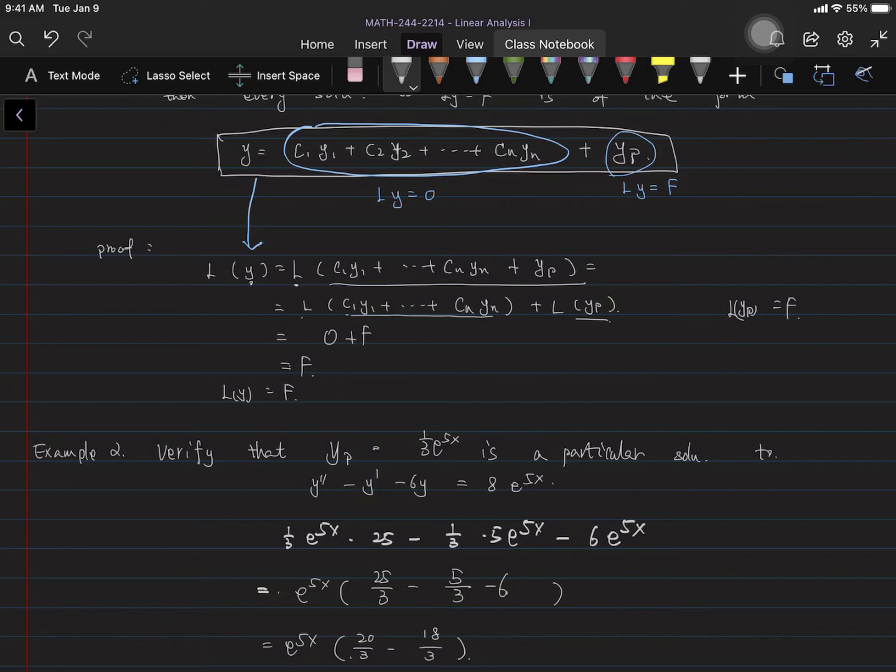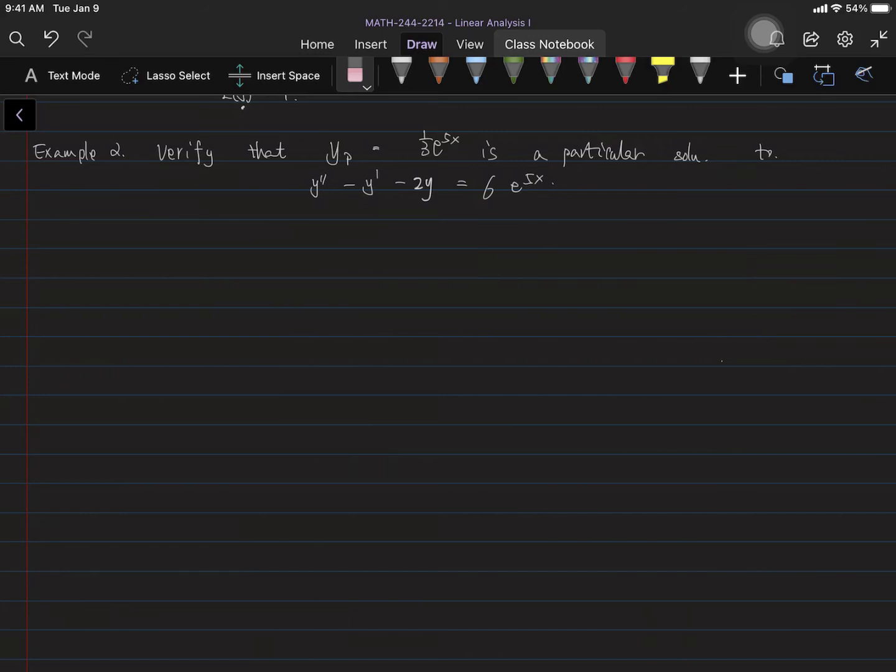After we separate them into the homogeneous and particular solution, we notice the homogeneous part has Ly equals 0, so we get 0 here. And this is the particular solution, so that should be F. And 0 plus F is F. So you can see y satisfies Ly equals F, non-homogeneous. This is the proof. Now let's take a look at example 2.